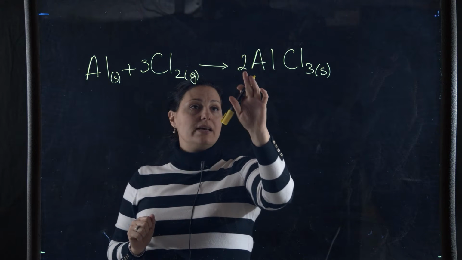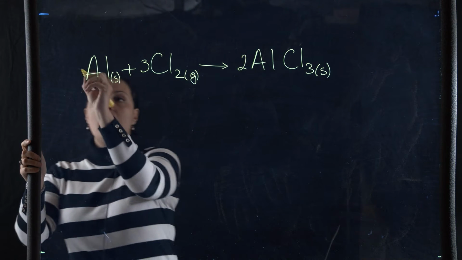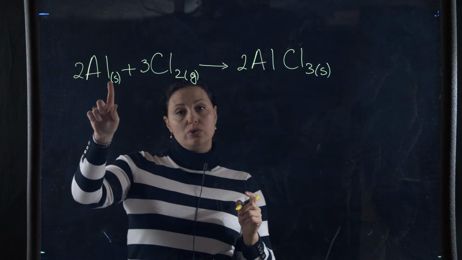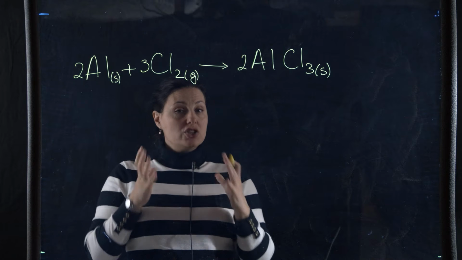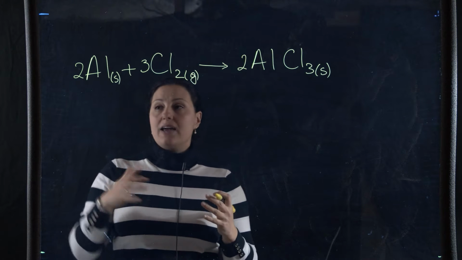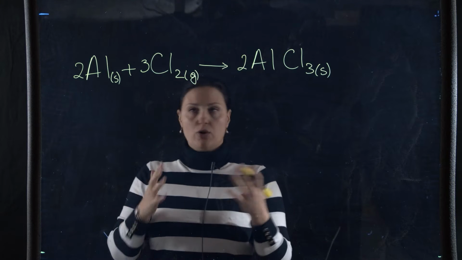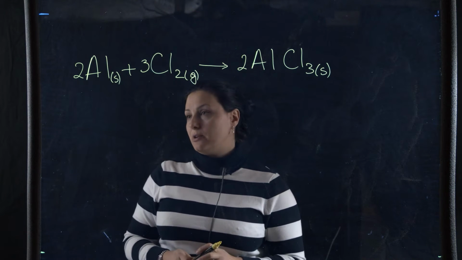And then lastly, I have 2 aluminums, but only 1 here. To make this 2, I put a 2 in front. Note that I don't put the 2 down here as a subscript, because that changes the molecule or the atom. I put that in front of the atom or molecule. So now this should be balanced.